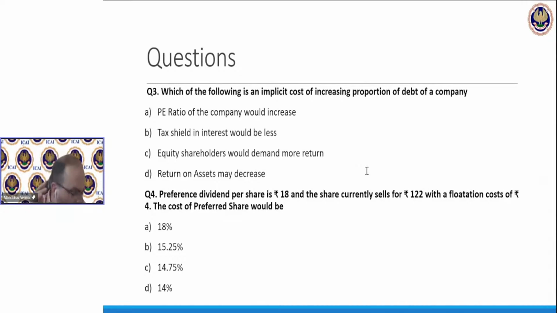I think question number 3 is very, very good actually. So if you think logically, you should be able to answer. Which of the following is an implicit cost of increasing the proportion of debt of a company? Very, very good question.